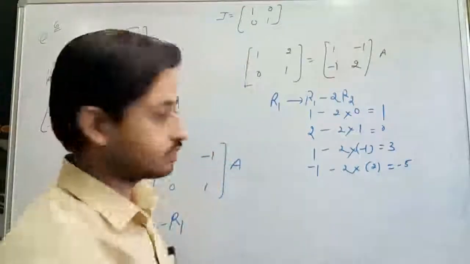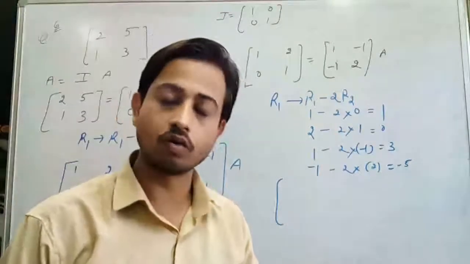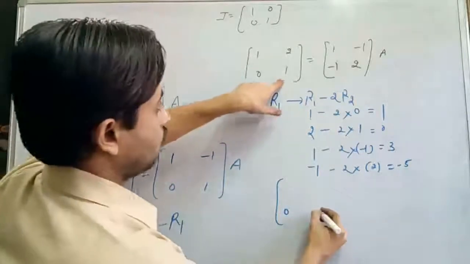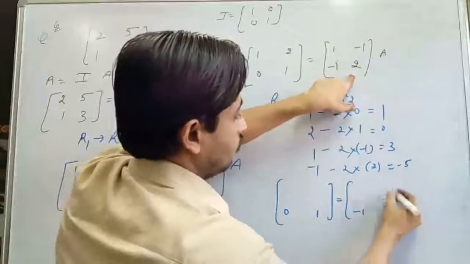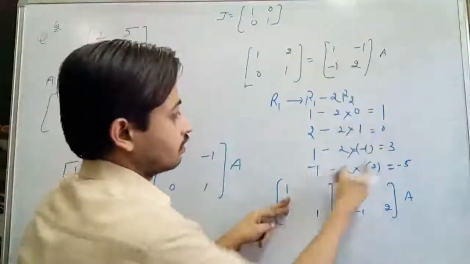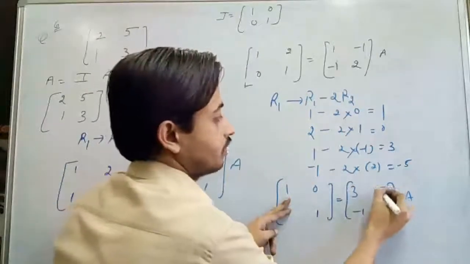So we get all the elements. Please write: we are changing R1, so we write the R2 term as it is. R2 is 0, 1, minus 1, 2, and R1 is 1, 0, 3, minus 5.